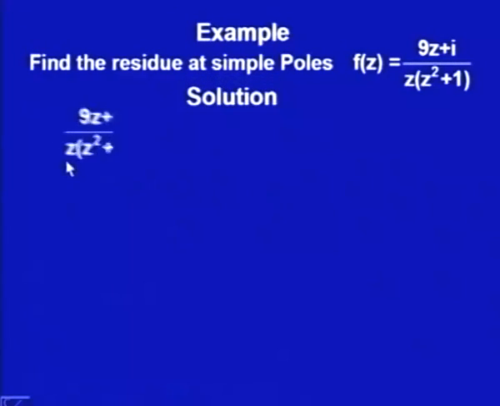See, the function is (9z plus i) upon z into (z squared plus 1). The function is of the form p(z) upon q(z). If I see this q(z), this has a zero at z equal to 0, and at z equal to plus and minus i.